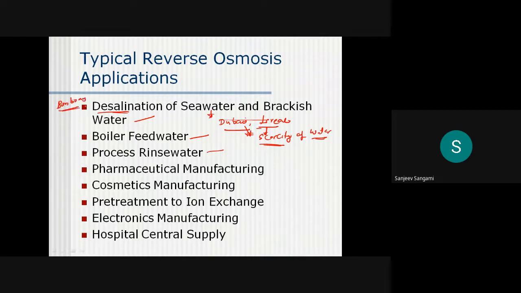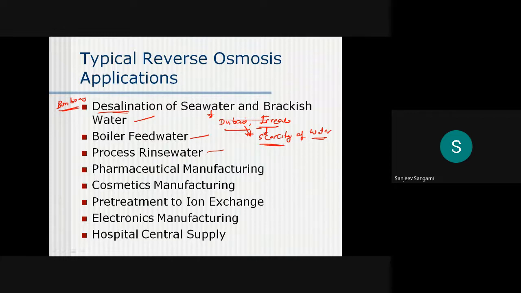And in Dubai and Israel, 90% they are all dependent on this water only. They will desalinate it and use it for many other applications, for cultivation or drinking water. They are completely dependent on that one only.